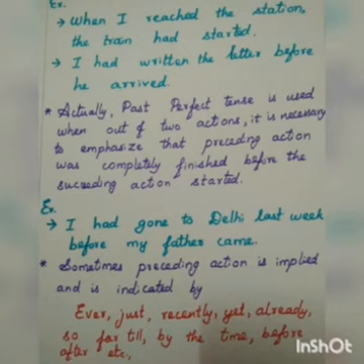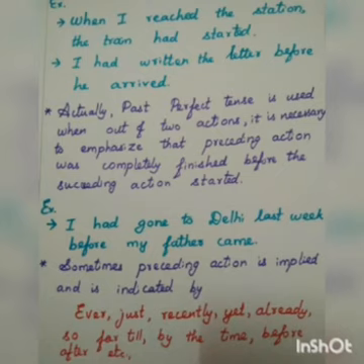Next, past perfect tense is used when, out of two actions, it is necessary to emphasize that the preceding action was completely finished before the succeeding action started. Understood? Come to the example.